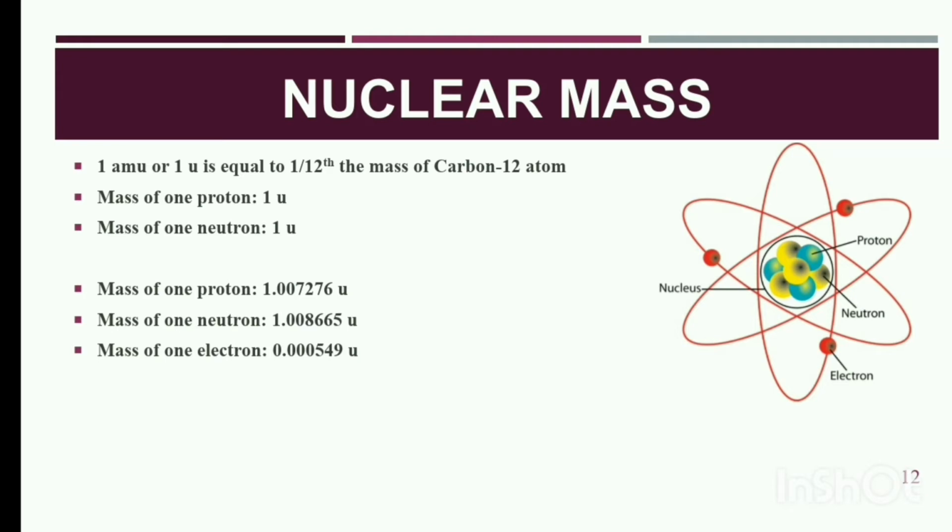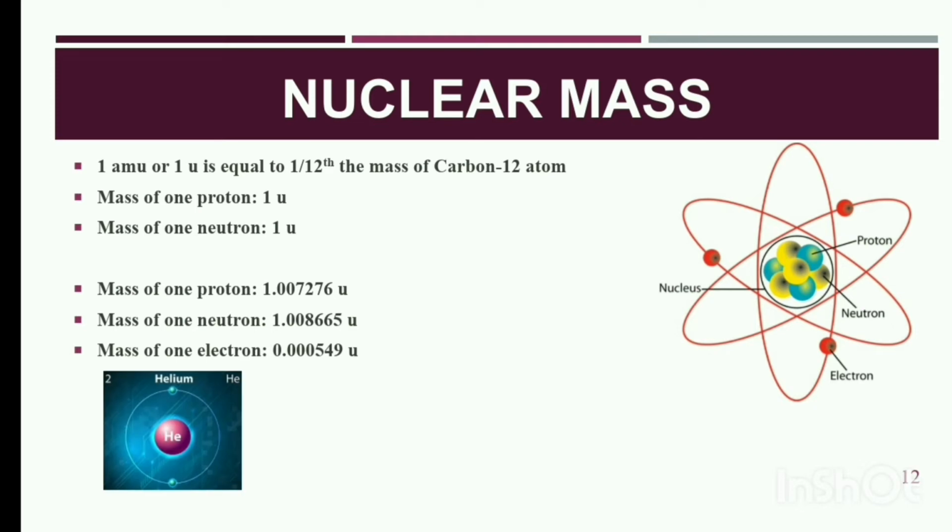But just by looking at them, we can see that there isn't much of a difference between them, right? But you have to realize that we are dealing with things at the atomic level, so such slight variations can have a huge impact. Also, the mass of 1 electron is nothing compared to the mass of protons and neutrons. It's just 0.00549 U.